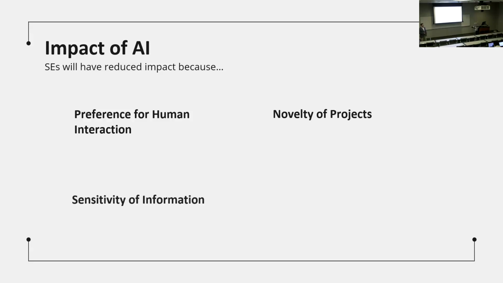Third is the sensitivity of information. As an SE, you're going to have to know in-depth product information, product timelines, how the product works at a deep level that cannot be shared anywhere else. And if you were to give this to an AI model, well, there's tons of ways that you could try and extract this information.